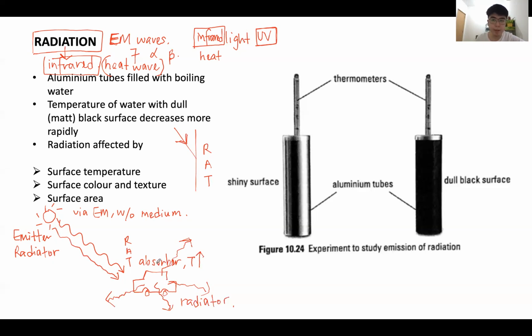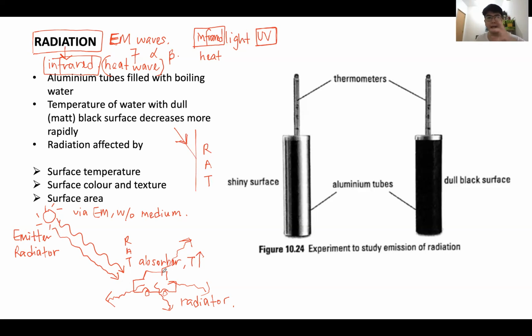Is it still absorbing? Yes. The answer is yes. The car is absorbing from the sun and radiating to the surrounding at the same time. Does it absorb more or radiate more? Depending on the temperature.